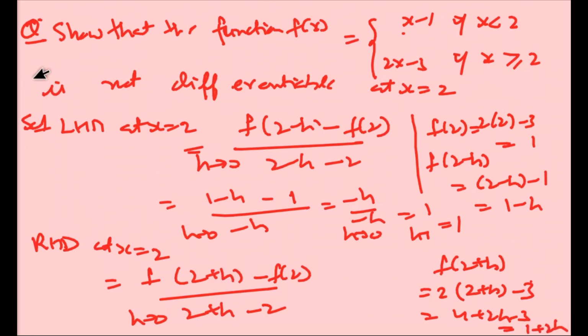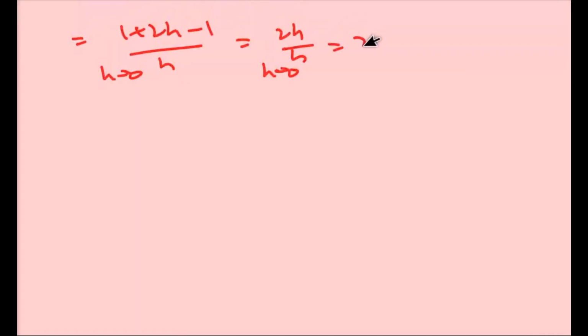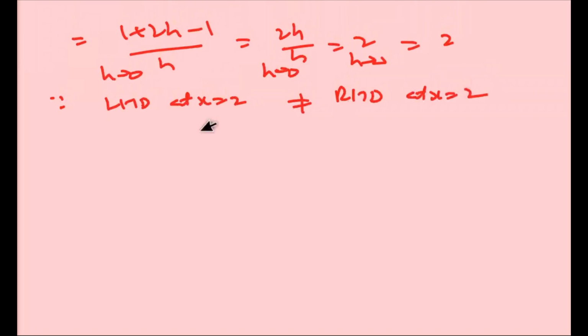So putting here, we get (1 plus 2h minus 1) upon h, h tends towards 0, equal to 2h upon h equal to 2. So we can say since LHD at x equal to 2 is not equal to RHD at x equal to 2, hence f(x) is not differentiable.